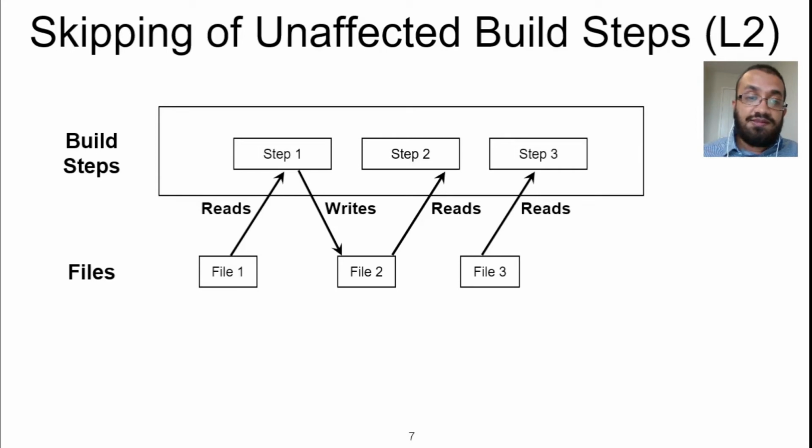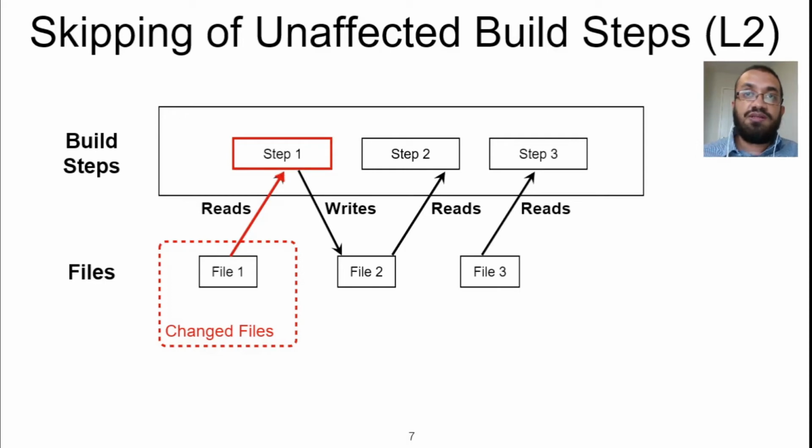So in this example, file 1 is changed during the commit. Because step 1 of the build process is affected by this change, we cannot skip step 1. We have to execute it. This step writes to file 2, causing step 2 to be transitively affected as well.